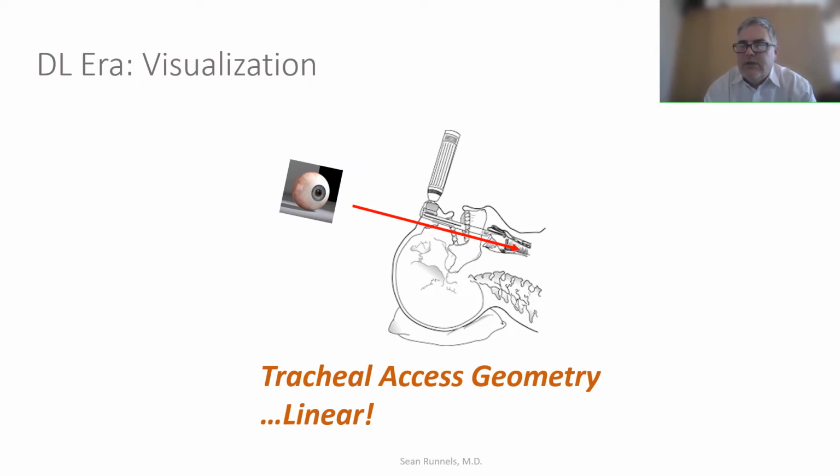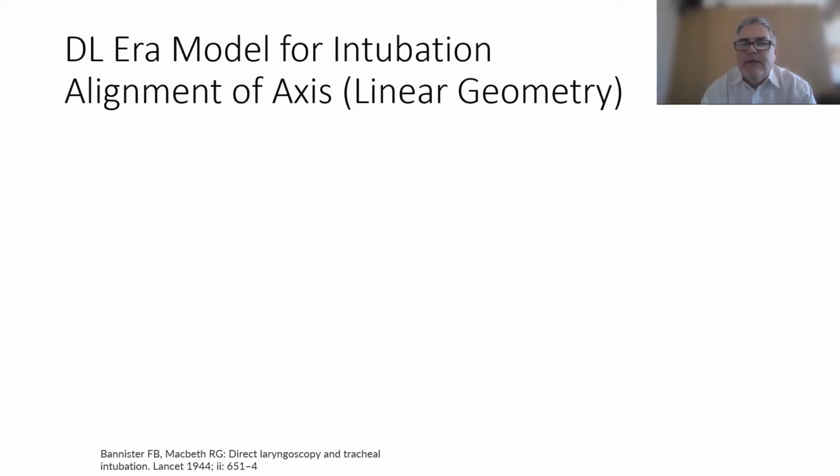You access the trachea down that same line of sight. Okay, models for DL era intubation: alignment of axes. This is still the predominant model that is taught across the world. All about linear geometry. Appropriate for DL, I would argue, probably not for video laryngoscopy.